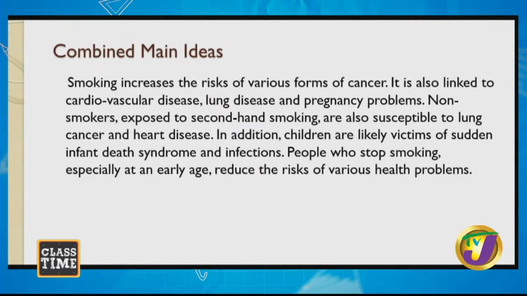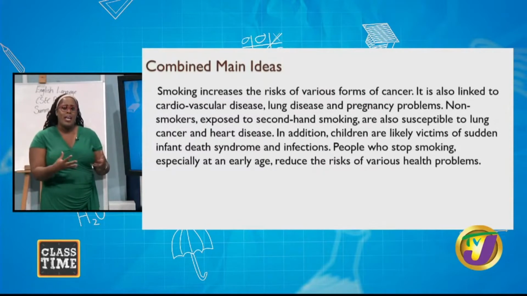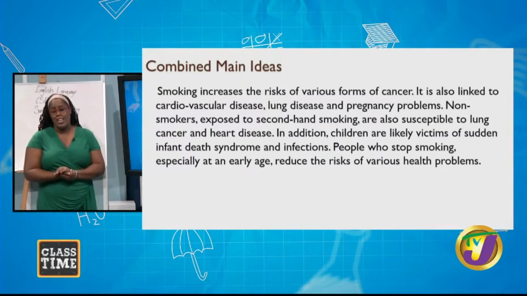All right. So if you said that the transition phrase that was used is "in addition," you are correct. Now, what did this do to the combined main ideas? It helped the combined main ideas to flow seamlessly one into the other.